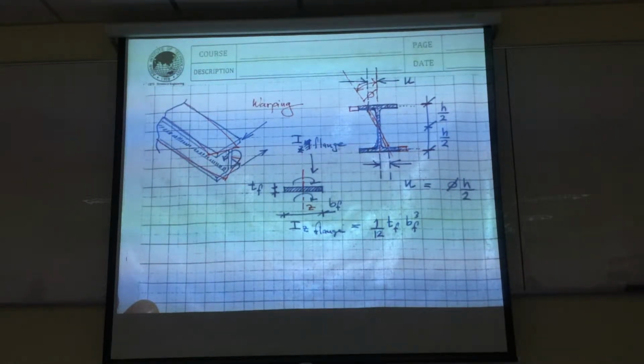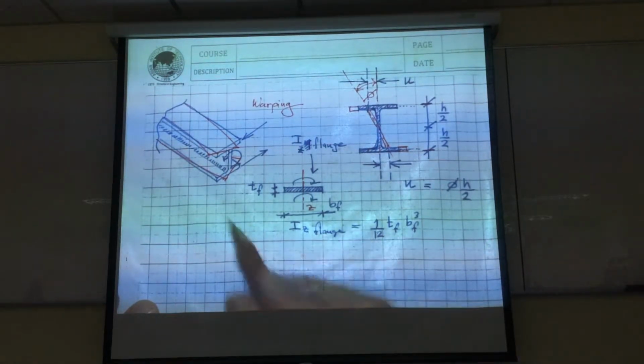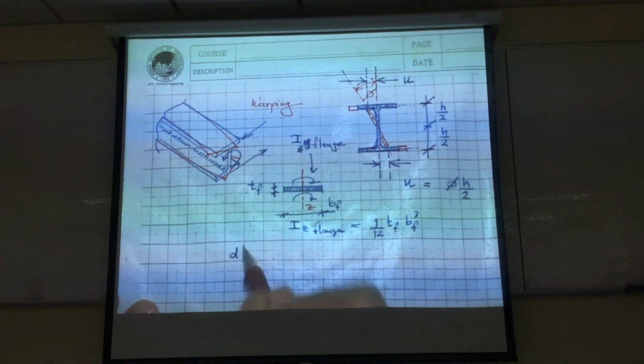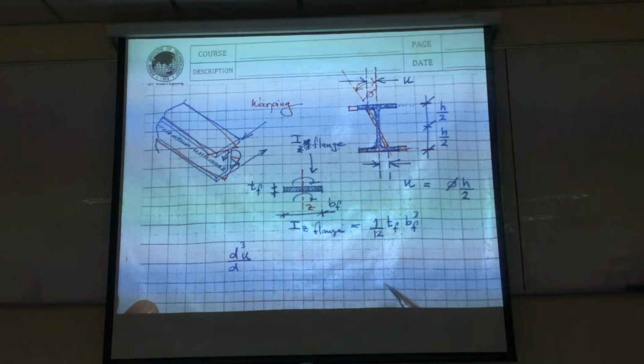So you take the third derivative of this U with respect to X. We define X along the axis, right?